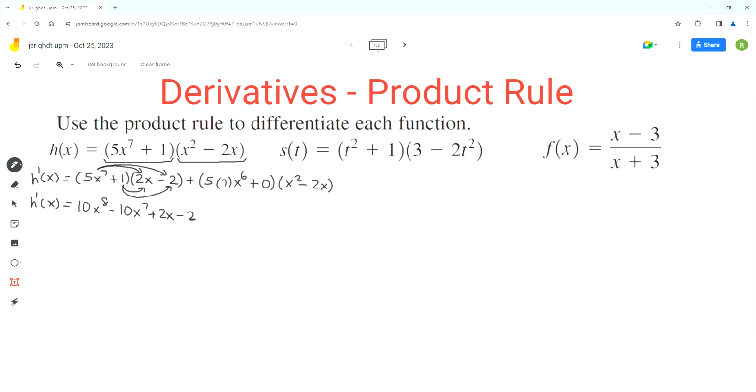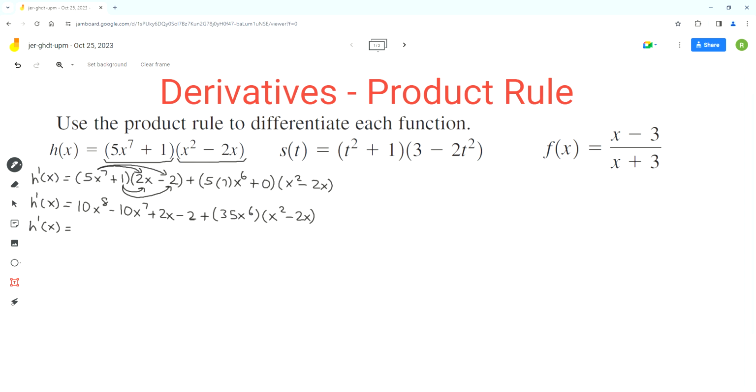Now we can distribute the second pair of parentheses. So here the 0 will go away, so we are left with just 35x exponent 6 times x squared minus 2x. Now we can distribute the parentheses.